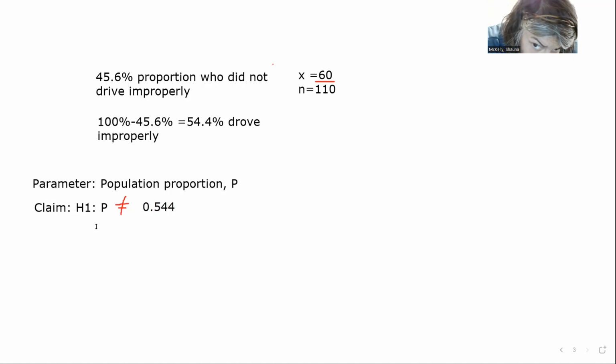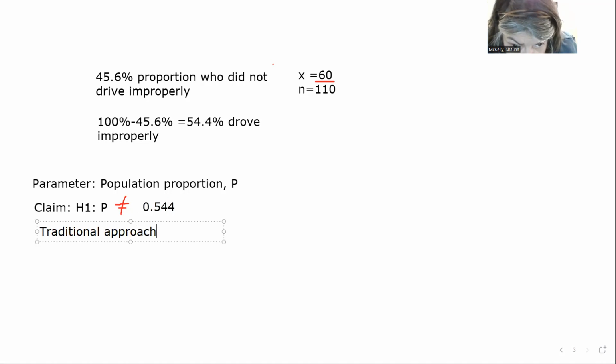Now, we're using the traditional approach. And once again, we're going to put in our givens, okay? So your given information here, you have to be a little bit careful. You need both of these, but you also need this thing too. So your given information, your P is going to be 0.544.